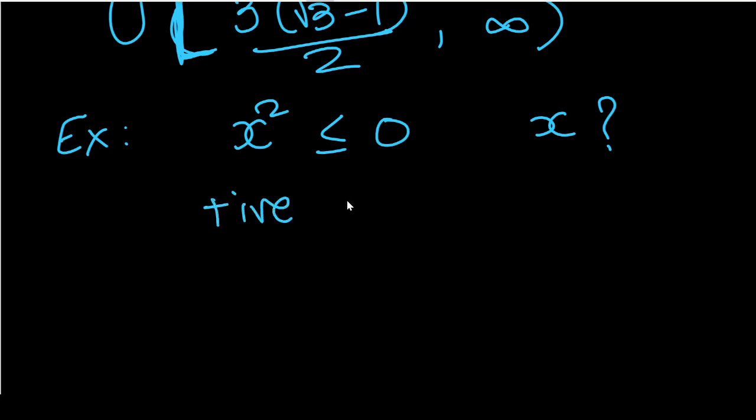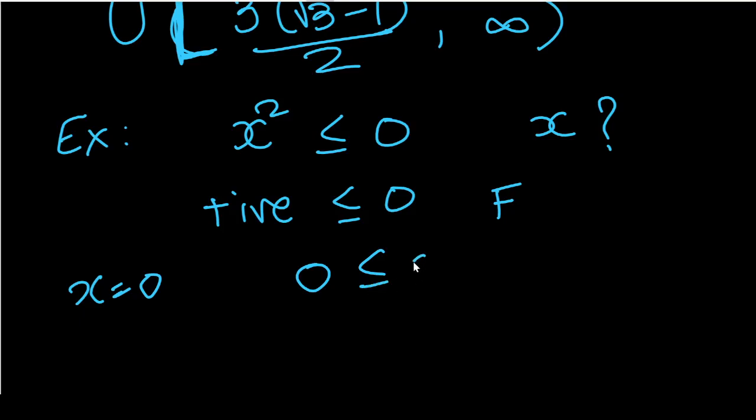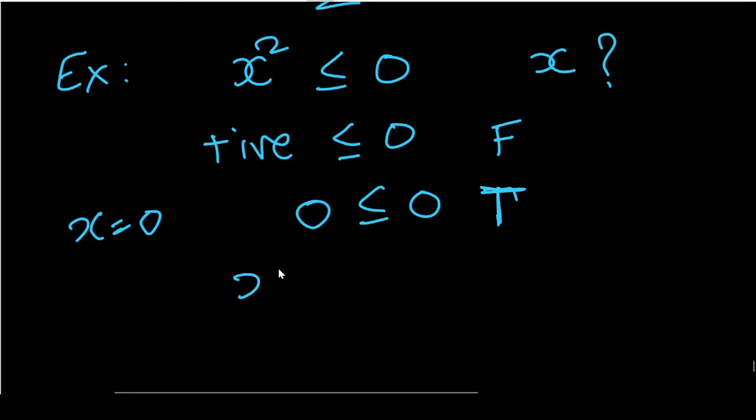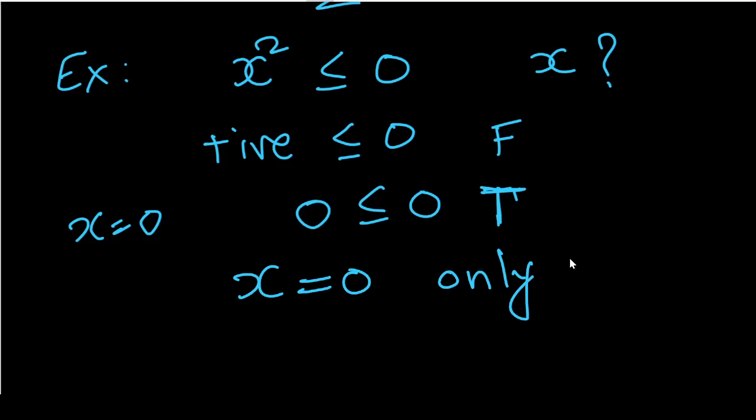If you substitute any positive or negative number, less than 0 won't be satisfied, and equal to 0 also won't be satisfied, so this will be a false statement. Only one possibility: when x is 0, it will satisfy 0 less than or equal to 0, which is true. So x square less than or equal to 0 means x is 0 only. It is only one solution.